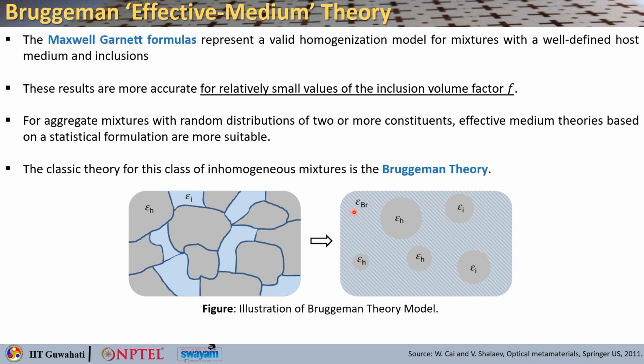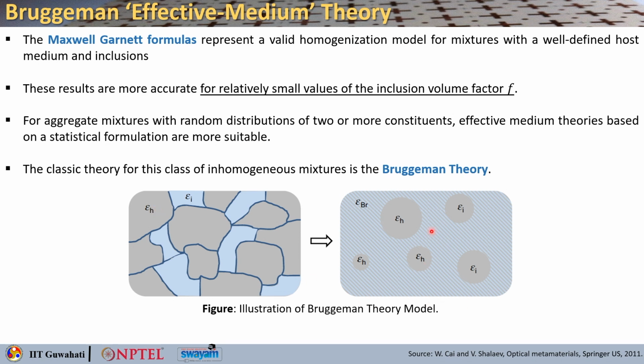So, what you can see is that there is a two phase inhomogeneous material, and a space filling random mixture has happened between the two phases. So, it is clearly marked here that one phase will have dielectric constant of epsilon I, and if you consider that to have a filling fraction of f, then the other phase which has dielectric constant of epsilon h will have a volume fraction of 1 minus f.